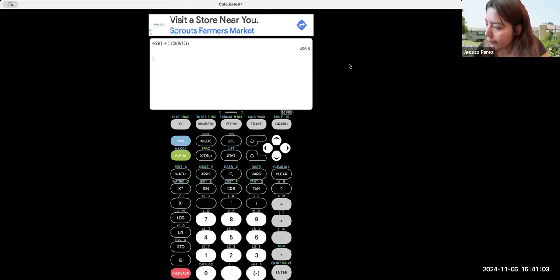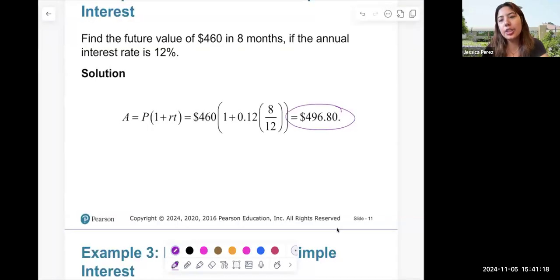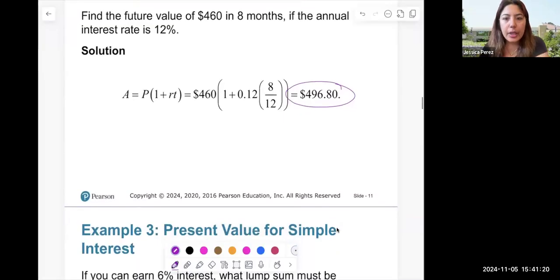So my future value is $496.80. Let's go ahead and project my note right here to verify that our solution is indeed correct.